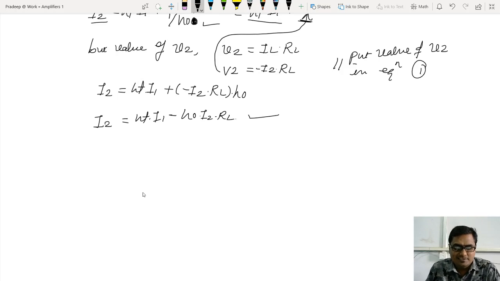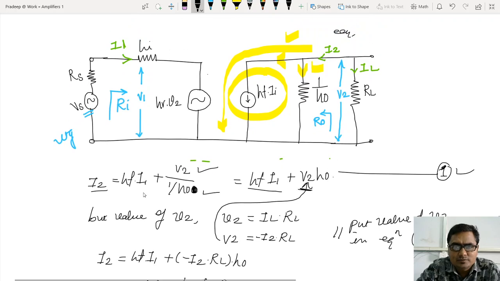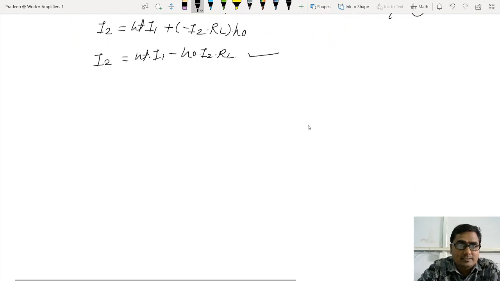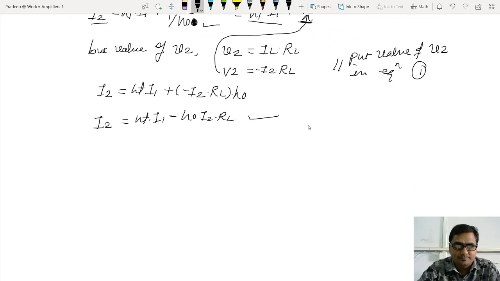But the value of I2 is not the final aim. What I need to derive is the equation for I2 divided by I1. That is my interest.